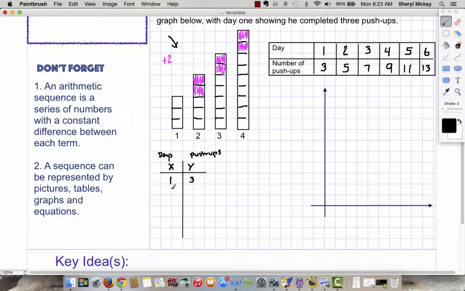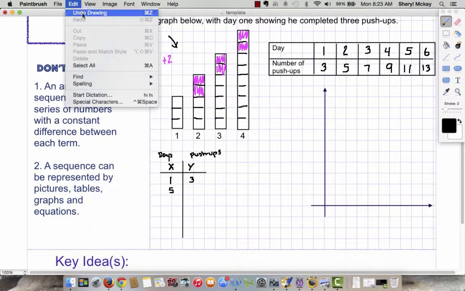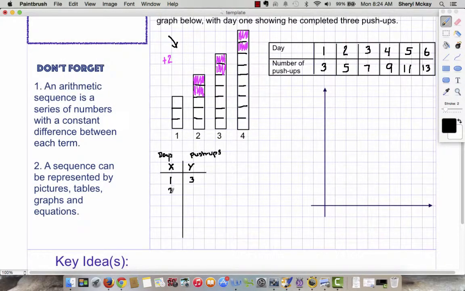When X is 2, Y is 5. That's right. Then 3, 7, 4, 9, 5, 11, and 6, 13. Okay? So this is a little T-chart.